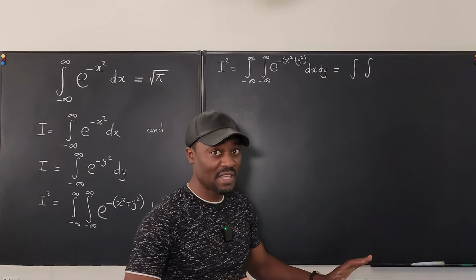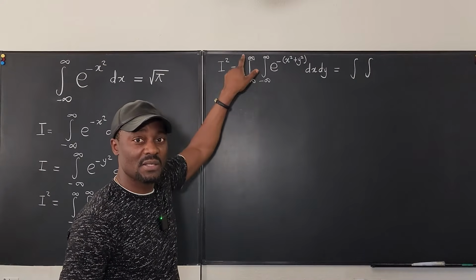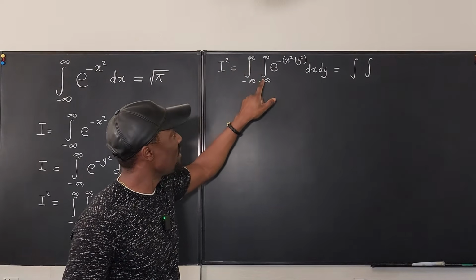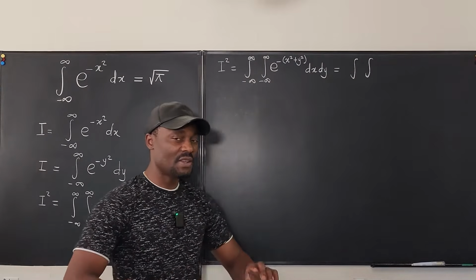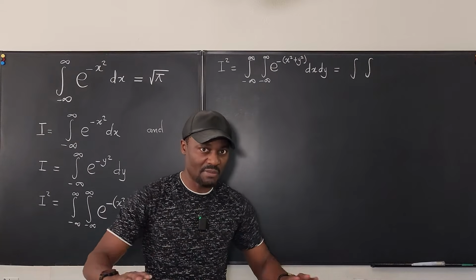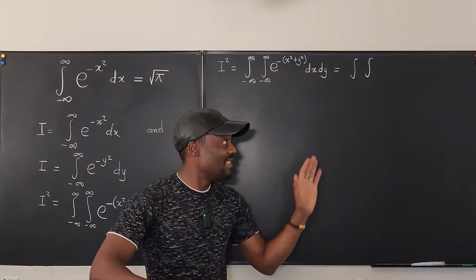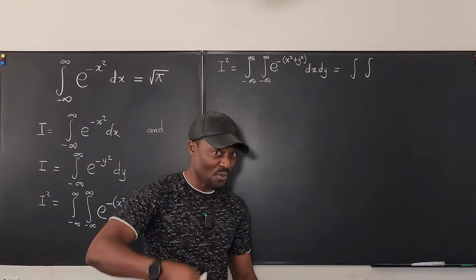Let's start from the beginning. The boundaries we have here go from negative infinity to positive infinity. And for the y, it goes from negative infinity to positive infinity. Now imagine the rectangular coordinate system, your x and y plane. You notice that this will cover everything, both on the x and on the y.